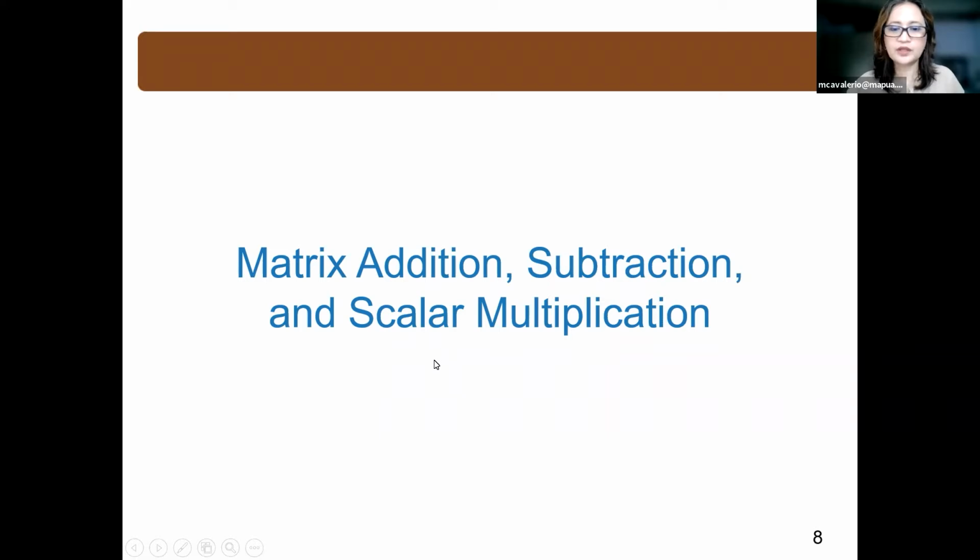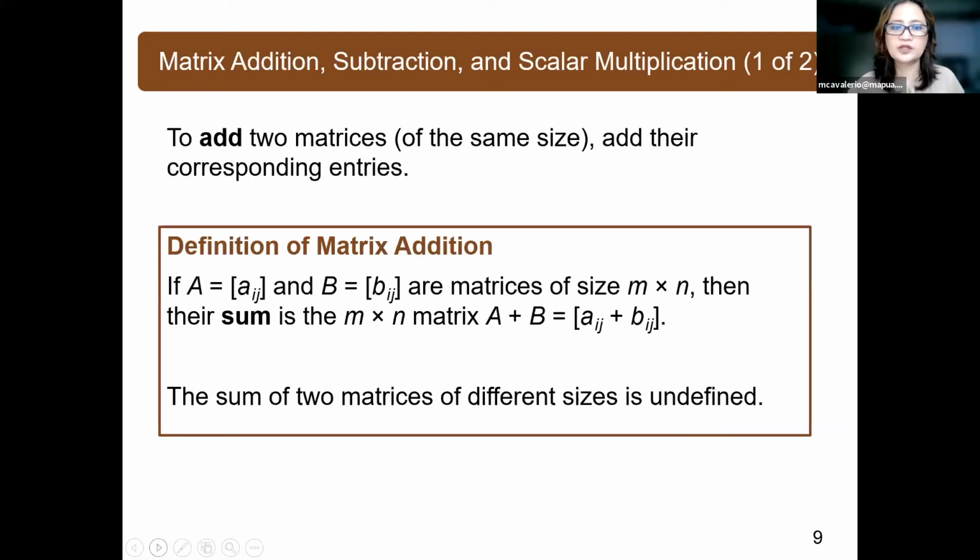So what are the operations for matrices? We have matrix addition, subtraction, and scalar multiplication. To add two matrices which are of the same size, we only add their corresponding entries.